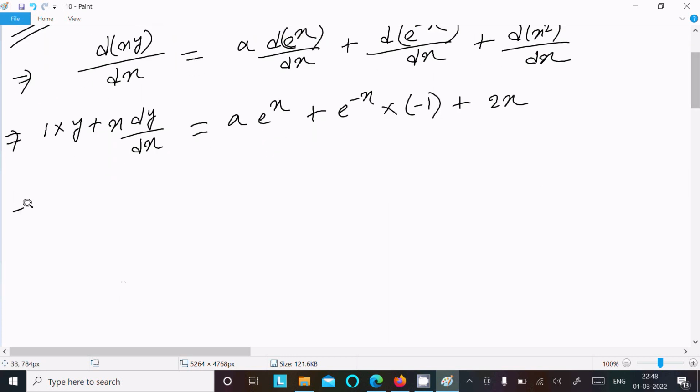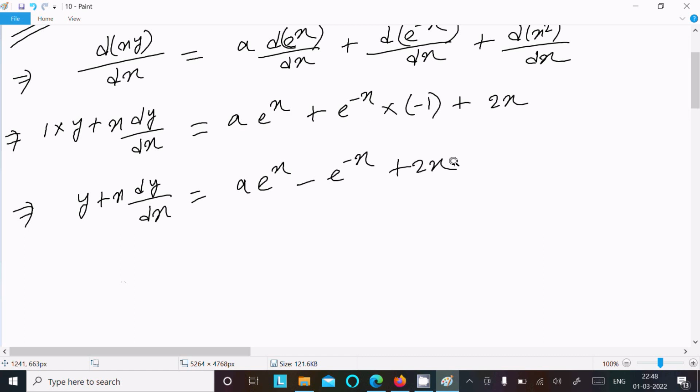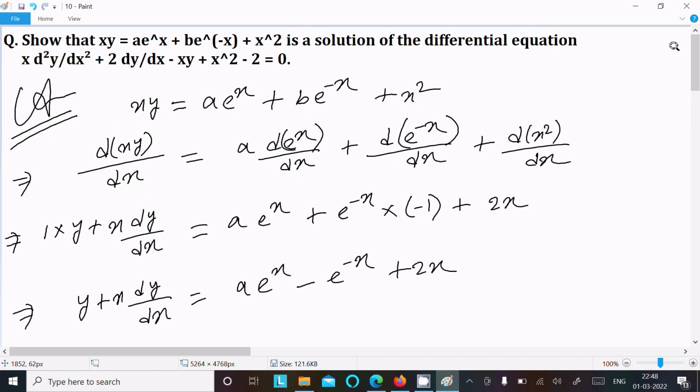After that, the next is y + x dy/dx, and this we can write as a e^x minus, minus here, e^(-x), and this is now 2x. Now after that we need to calculate the second derivative.